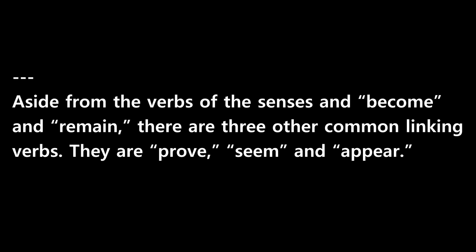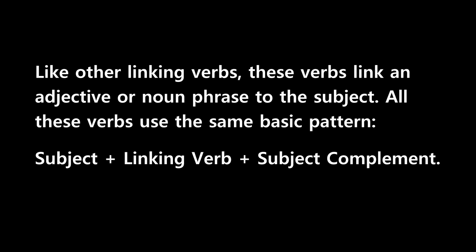Aside from the verbs of the senses and become and remain, there are three other common linking verbs. They are prove, seem, and appear. Like other linking verbs, these verbs link an adjective or noun phrase to the subject. All these verbs use the same basic pattern: subject plus linking verb plus subject complement.